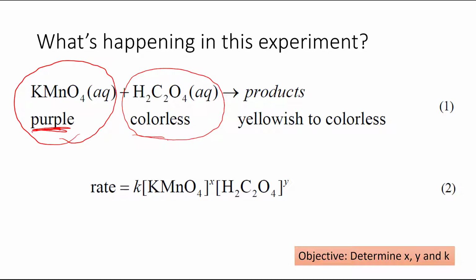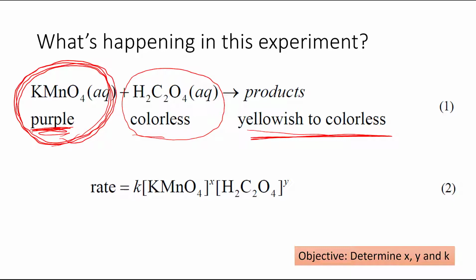Over the course of time the reaction is going to proceed, and we're going to lose this purple color, and the products will give us a yellowish or hopefully even colorless solution. At that point, we'll know that the potassium permanganate has been used up, and we can measure the change in concentration in the particular reaction.